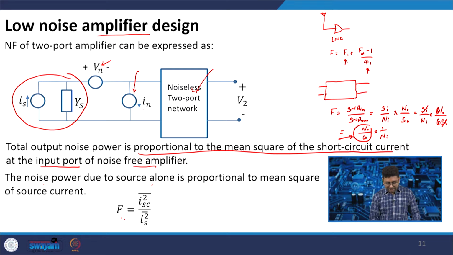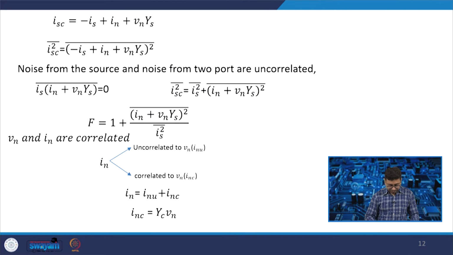So the noise factor can be written as the noise power due to the source alone, proportional to the mean square value of the source current, divided by the short circuit current ISC square by Is square. Now let us derive the noise factor.